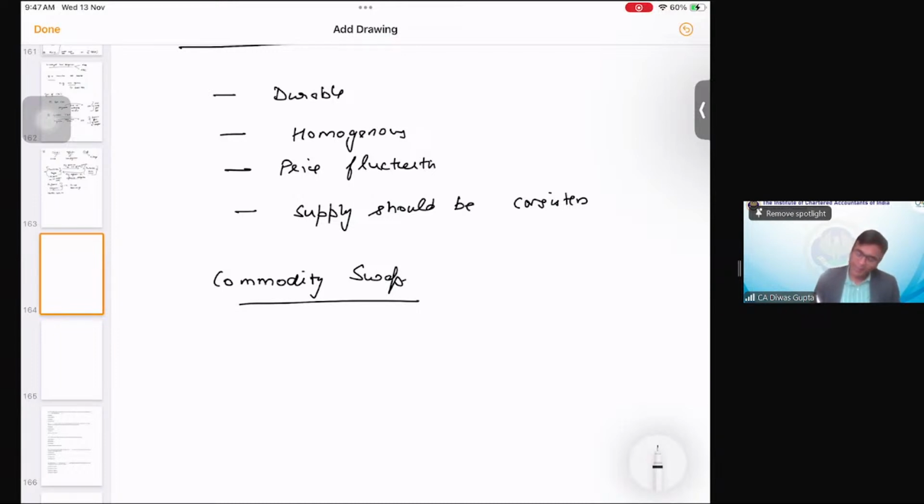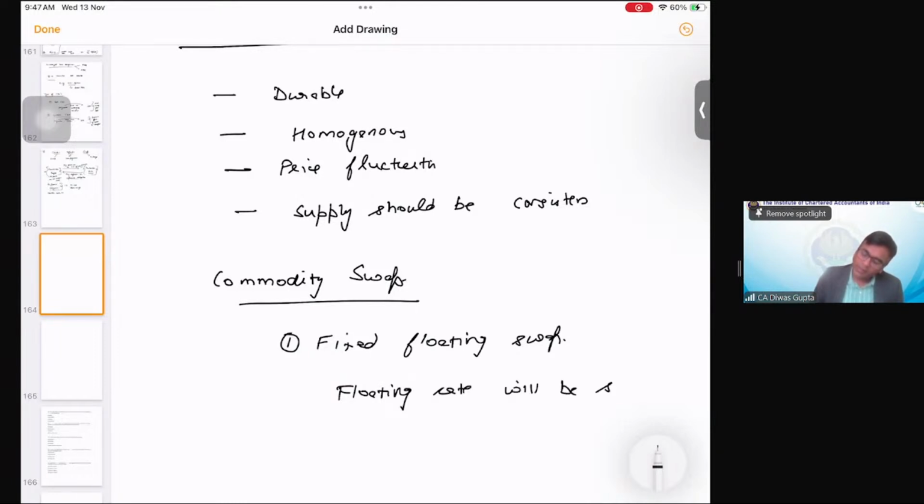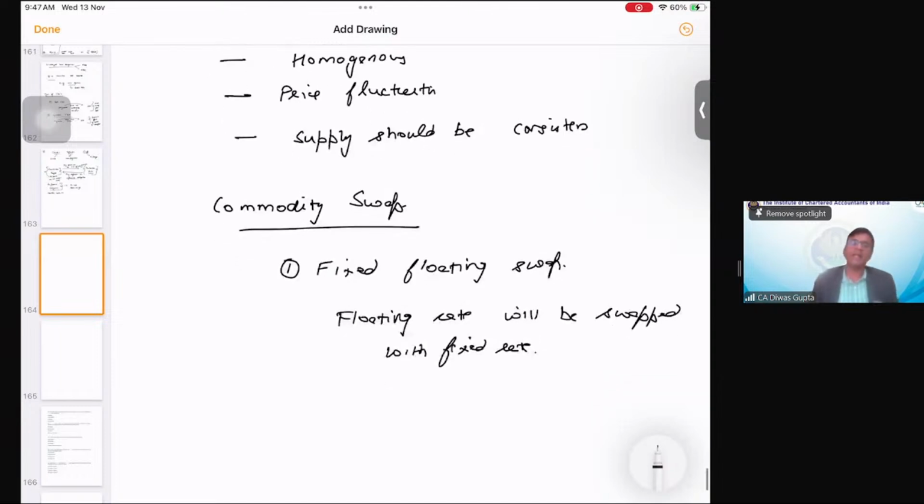So in this swap, the fixed-floating swap is the first one, in which the floating rate will be swapped with the fixed rate, similar to the interest rate swaps that we will be discussing later on in future sessions, wherein the fixed rate of interest is swapped with the floating rate of interest or vice versa. So this is very much similar.